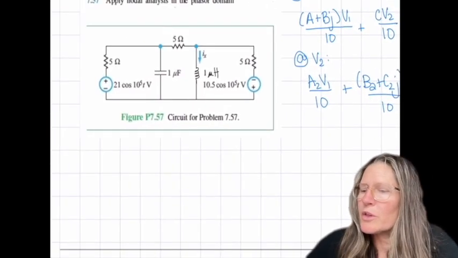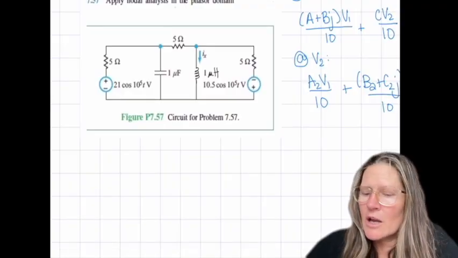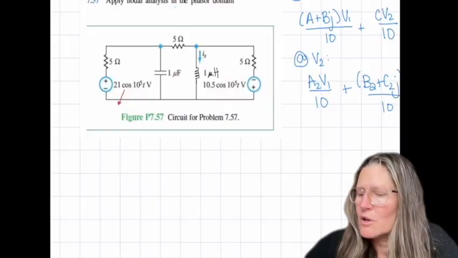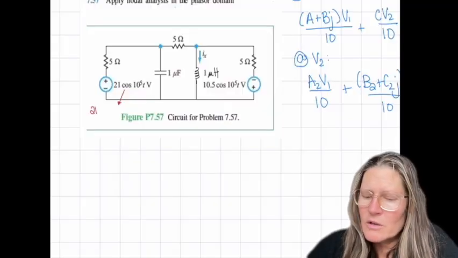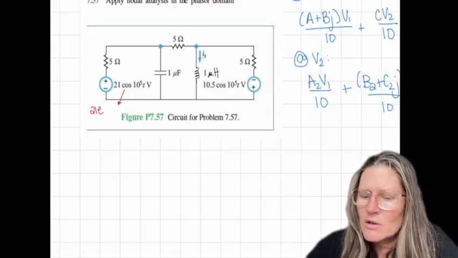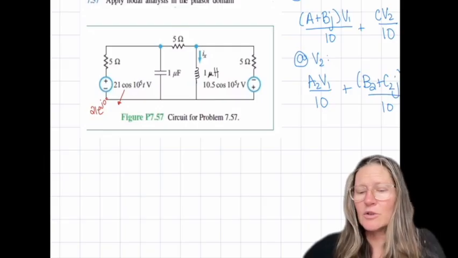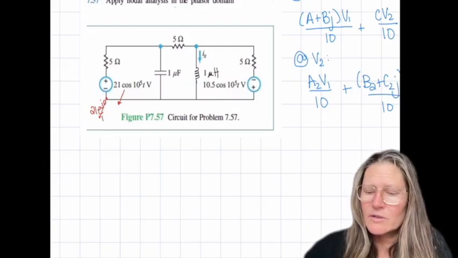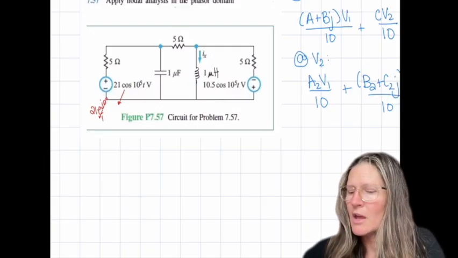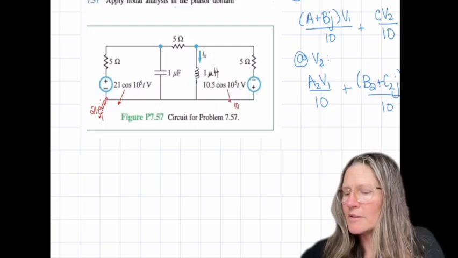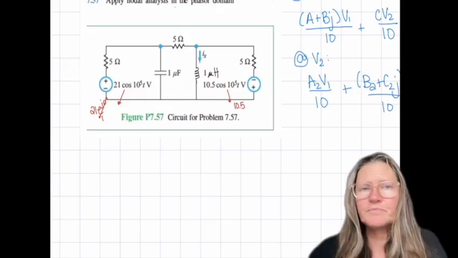With the conversions, this one translates into 21 e^(j0 degrees), and again the 0 degrees goes to a 1, so this is just going to be 21, and with that same thing this is going to be 10.5.